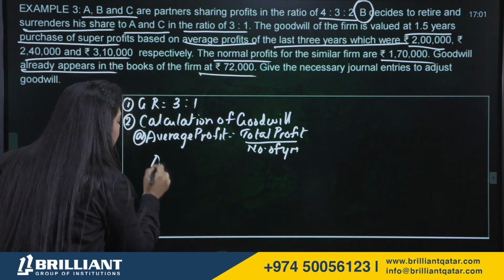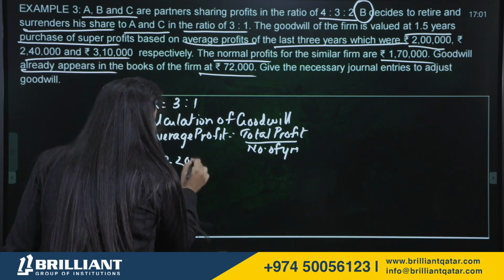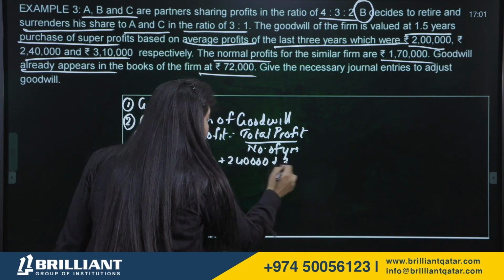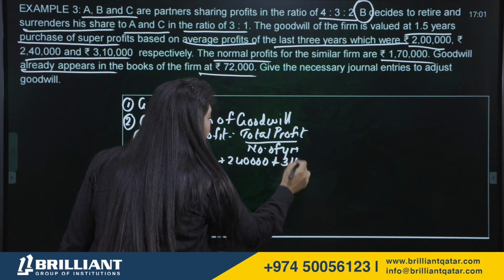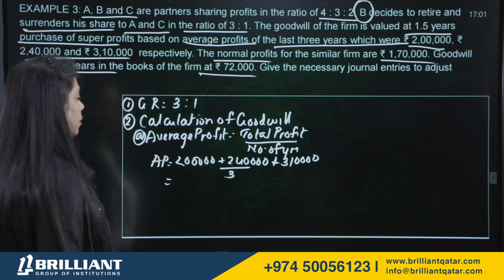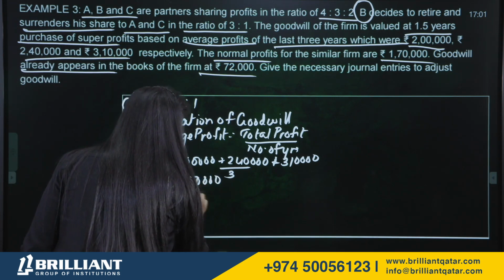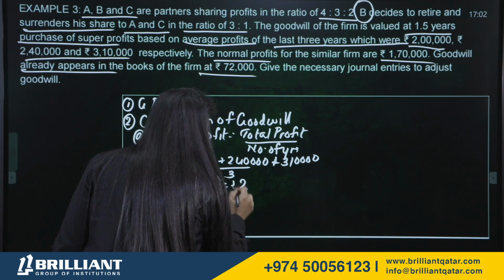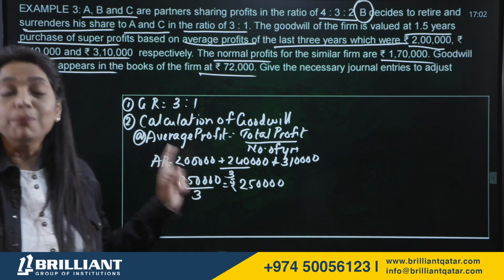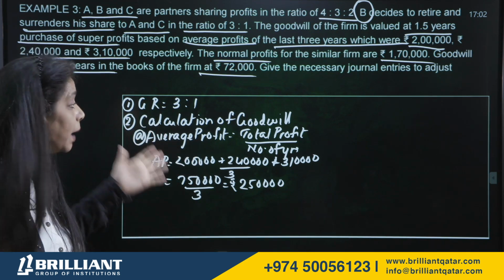So AP is equal to the profit of the last 3 years: 2 lakh plus 2 lakh 40 plus 3 lakh 10, divided by 3, which is 2 plus 2.4 is 4.4, plus 3.1 is 7.5, so 7 lakhs 50,000 divided by 3, which is equal to 2,50,000. This is your first step in the super profit method: calculate the average profit, whose formula is total profit upon number of years.